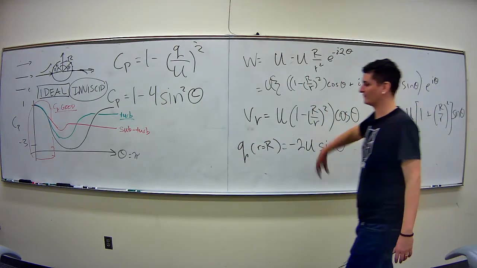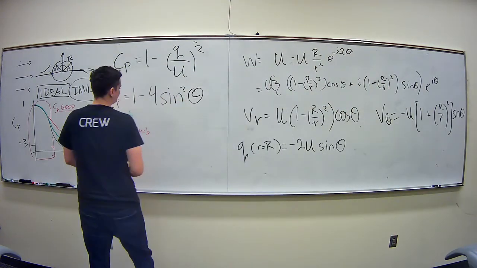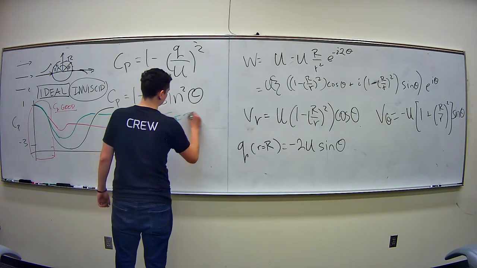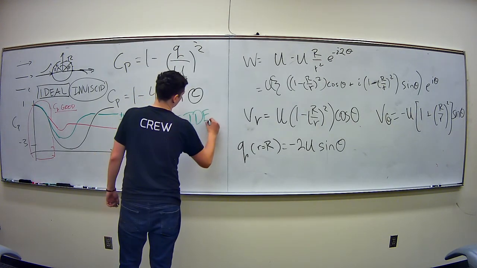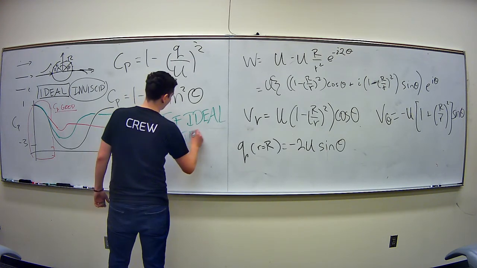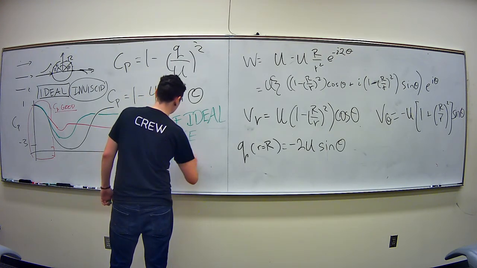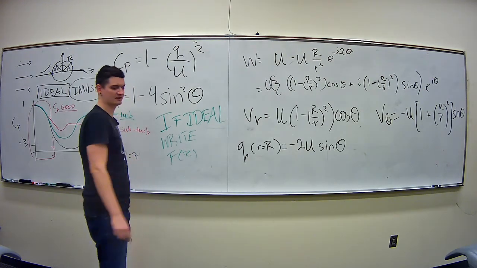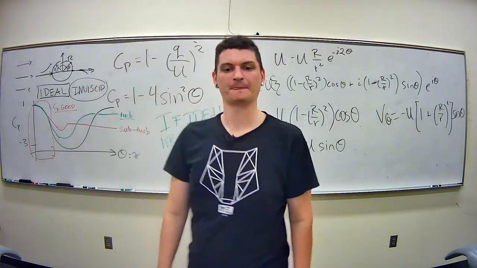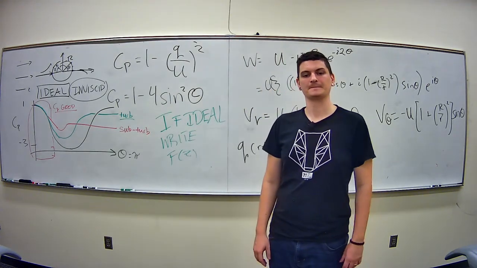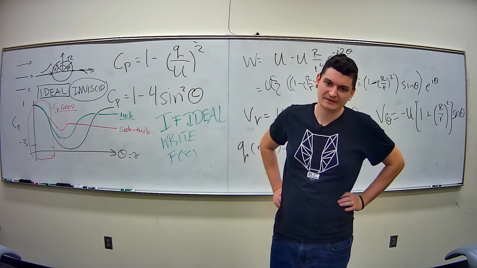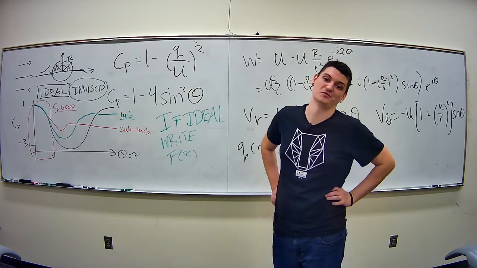And this works for anything, but the biggest, most amazing thing is, if it is ideal, just write any f of z in your head. Just calculate one derivative, see what the flow field looks like. I think it's super cool.